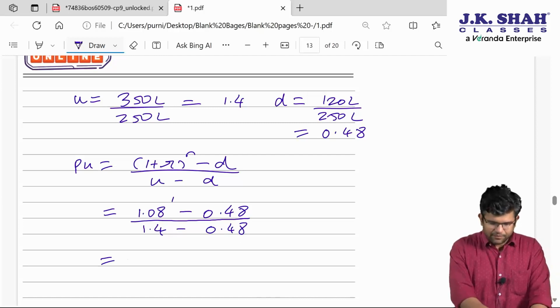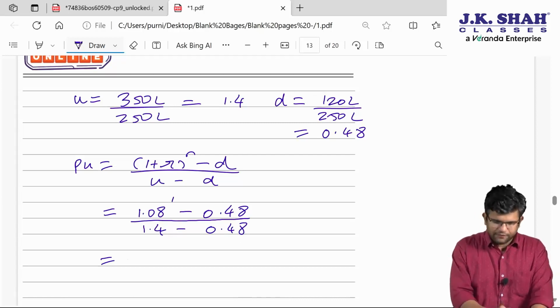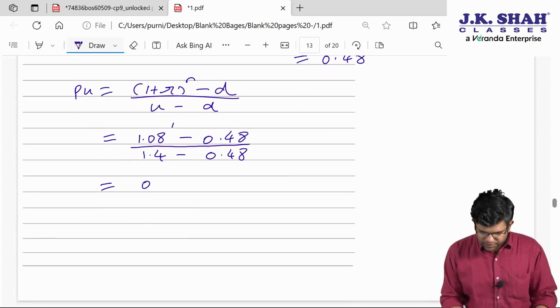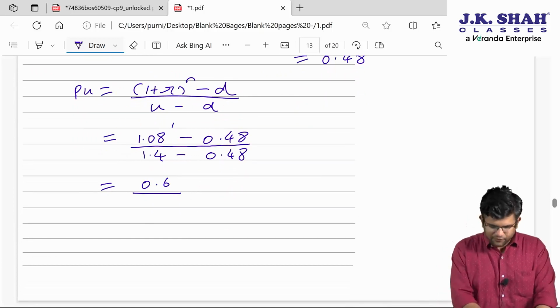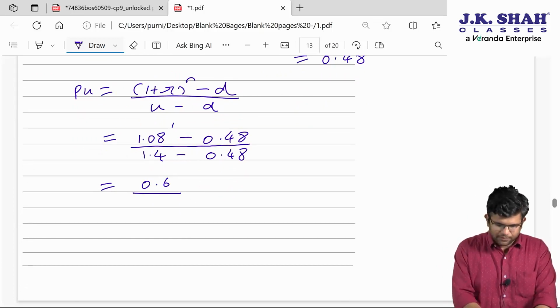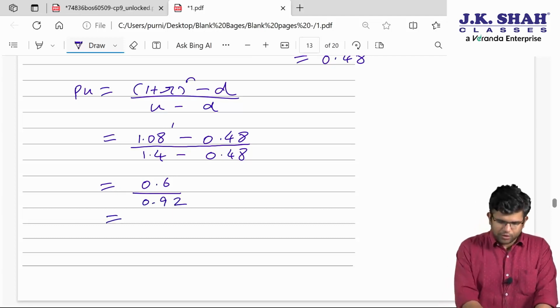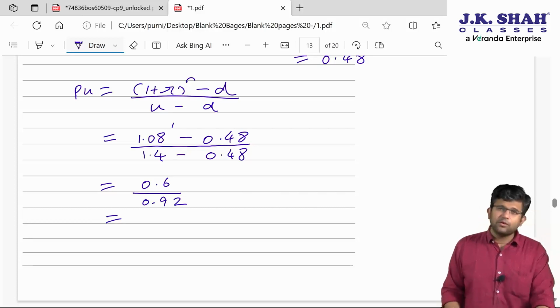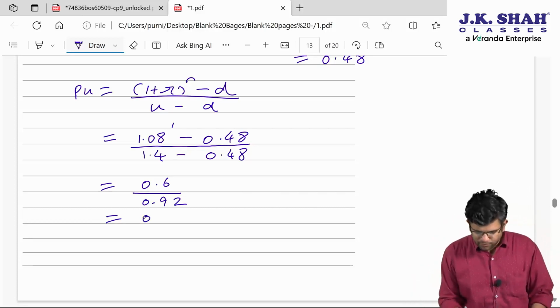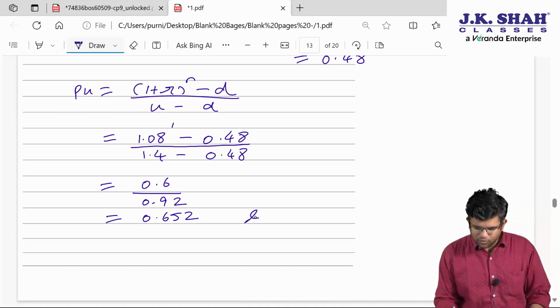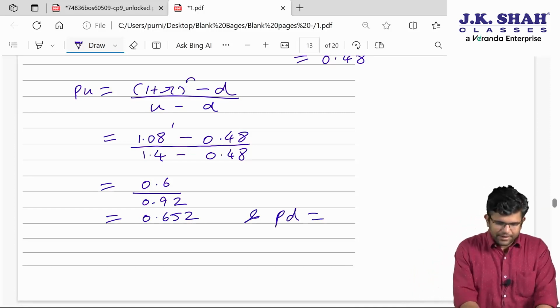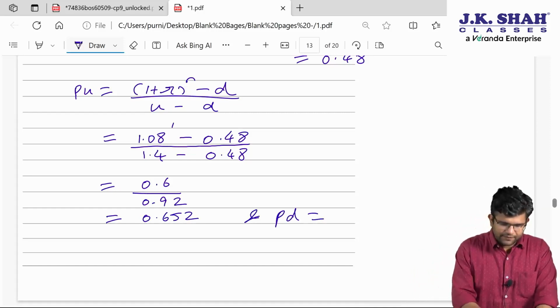So on the calci 1.08 minus 0.48 and that comes to 0.6, and then we have got 1.4 minus 0.48, and that comes to 0.92. So on the calci, 0.6 divided by 0.92, we get 0.652. Okay, 0.652 as the PU, and of course PD will be 1 minus 0.652, that is 0.348.